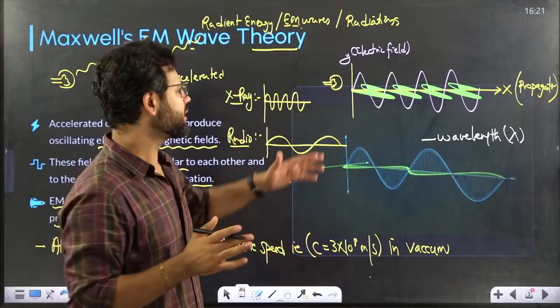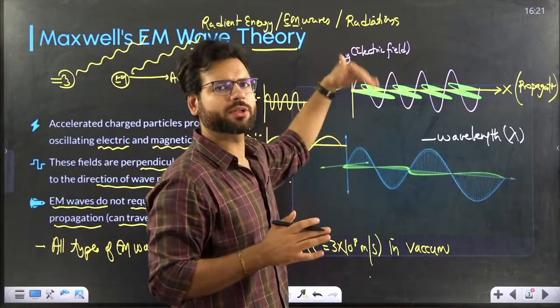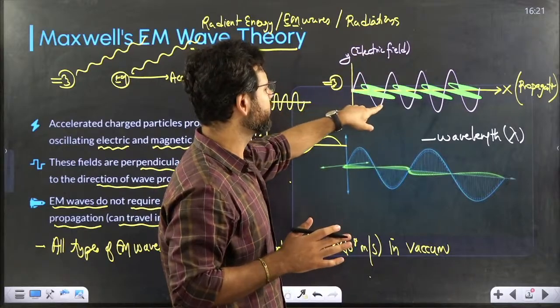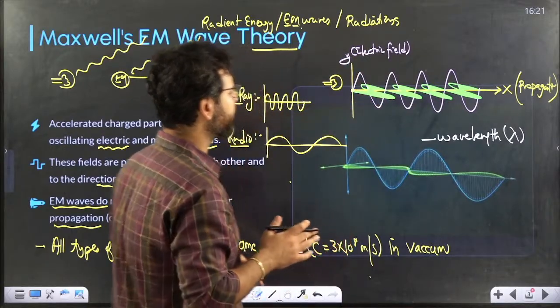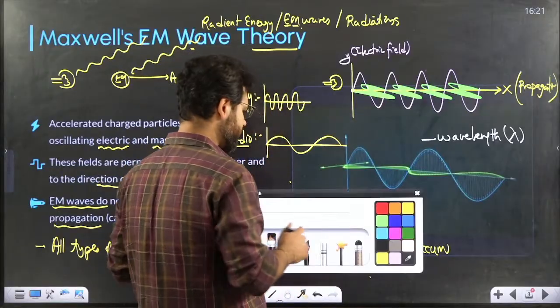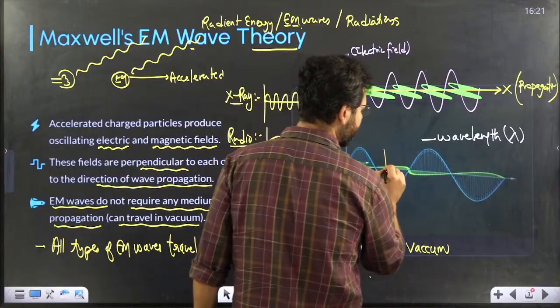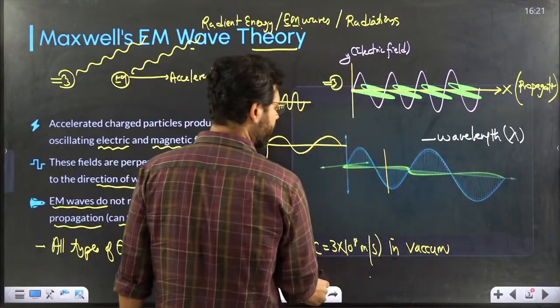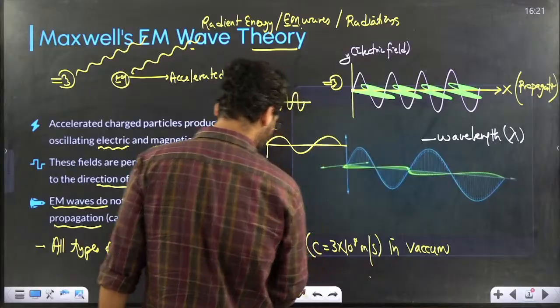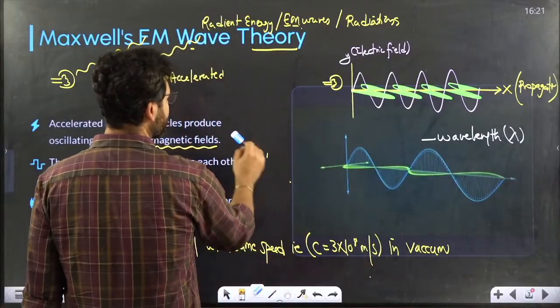A wave starts from, we'll call it crest, the one which goes up is crest, and the one which comes down, the negative amplitude, is called trough. So starting from a crest to the ending of a trough, we call it wavelength. So if this is a wave, let me show you a wave here in this area.